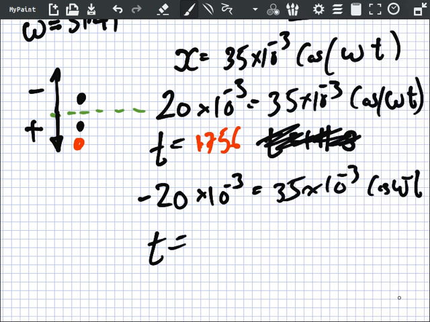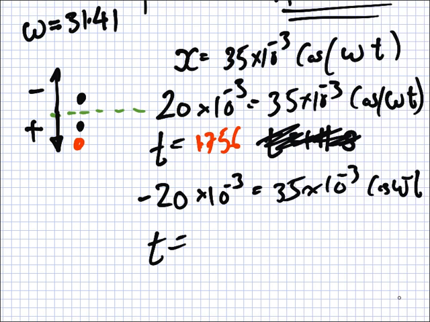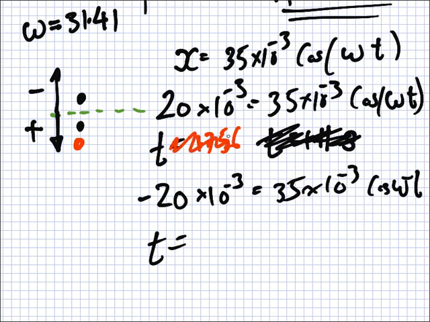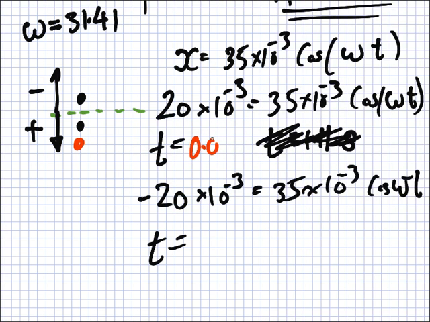But you put 20 over 35, that is the same number as 20 over 35. I got this as the first one, 0.0306.